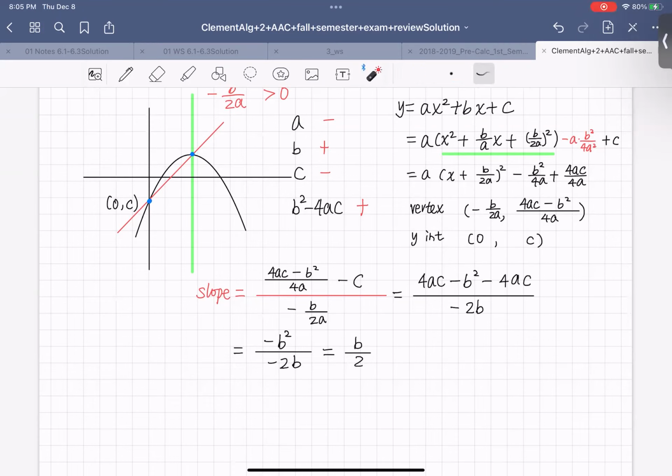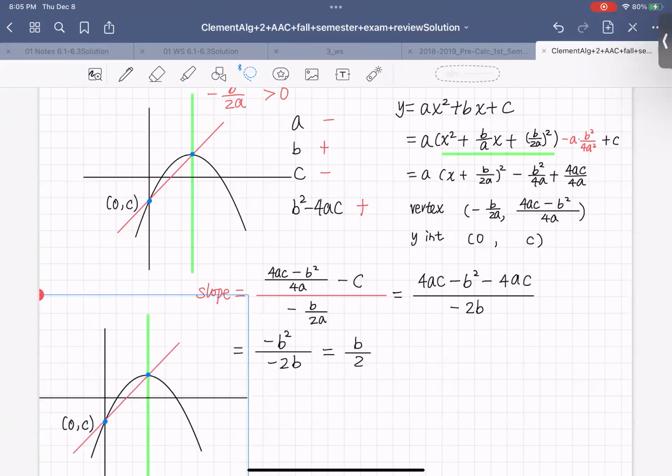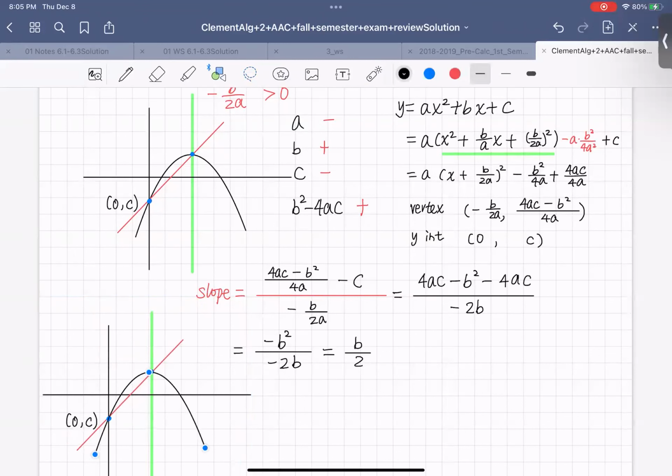That means if your slope is positive, your b is positive. If your slope is negative, so for example, I'm going to drag this guy. Okay. And then I can connect the line here.